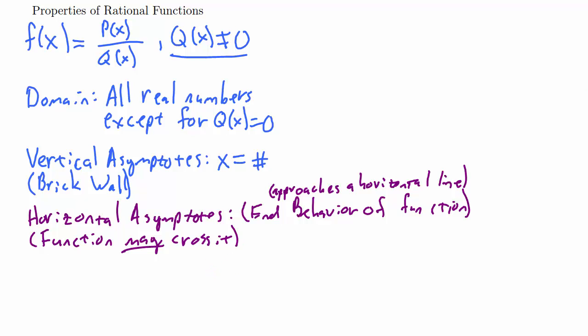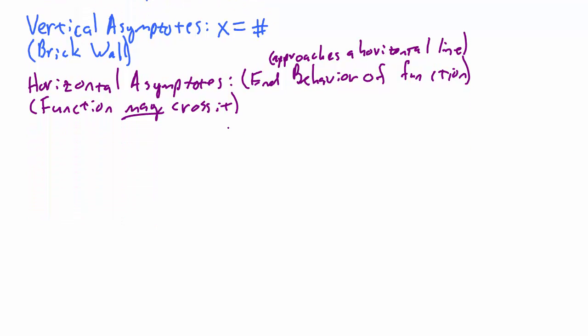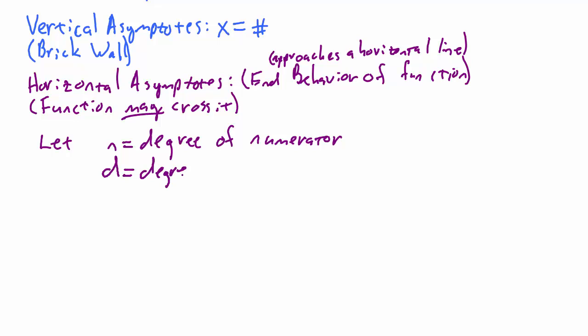Now, to figure out what the horizontal asymptote is, or even if the function has a horizontal asymptote, we need a couple of definitions. The first thing I'm going to do is let n be the degree of the numerator. Then I'm going to let d be the degree of the denominator.